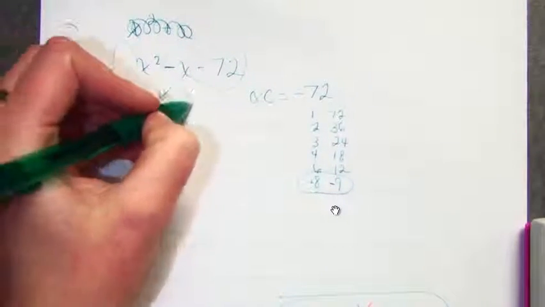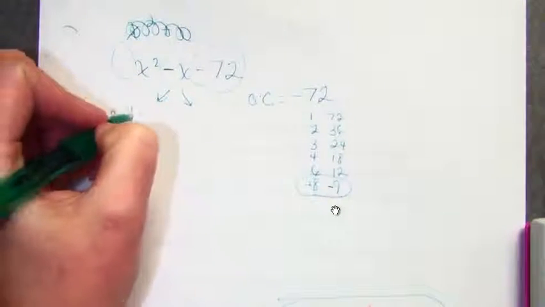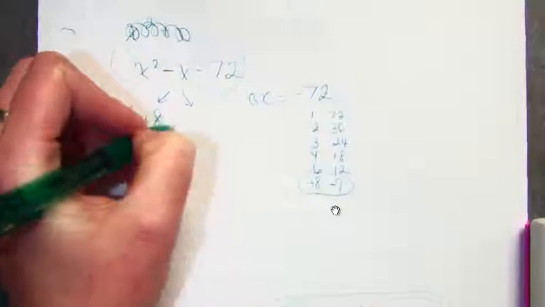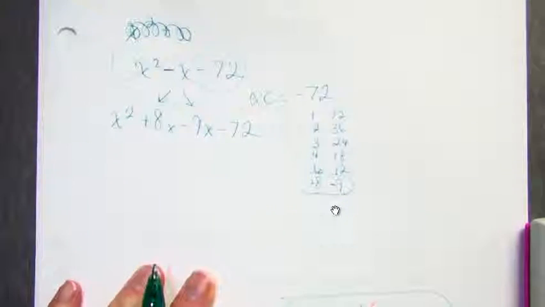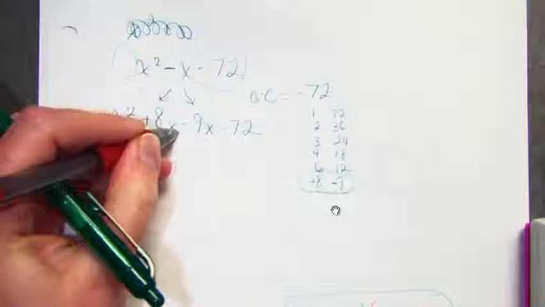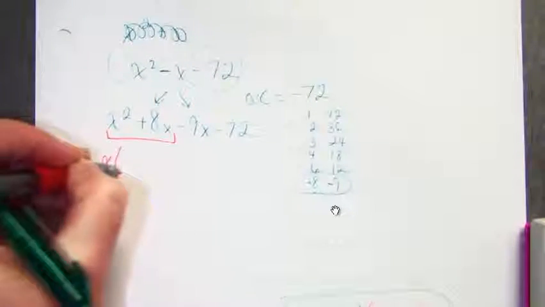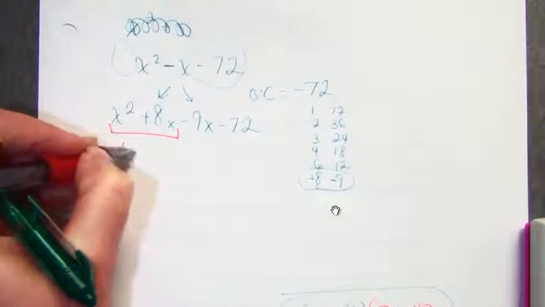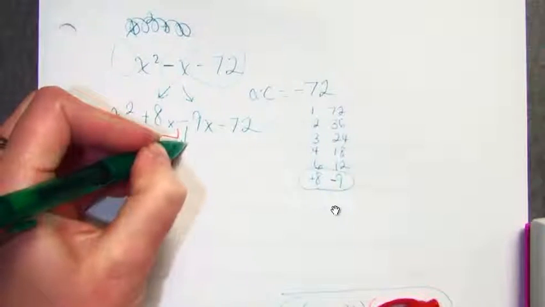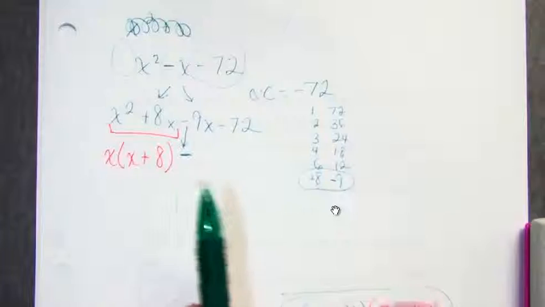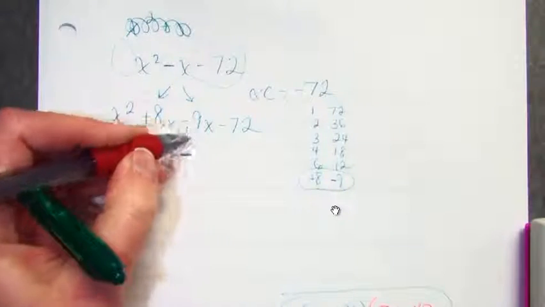I'm ready to split. X squared plus 8x minus 9x minus 72. Taking them 2 by 2, same way as before. X comes out first. That sign drops right down. They both have a 9 in common.